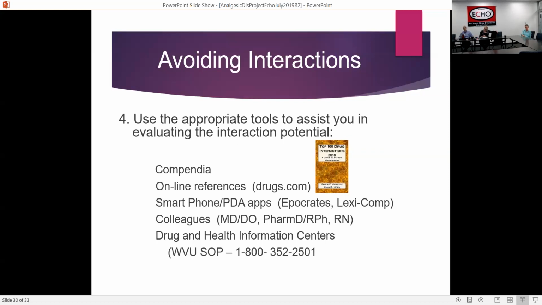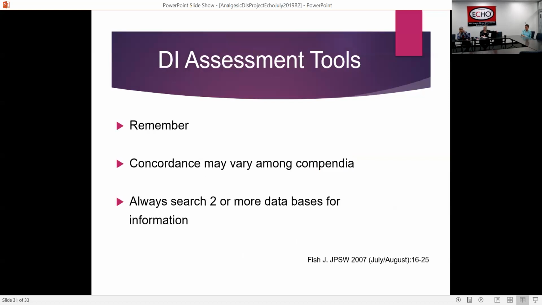Plus, I'll put a plug for the Drug and Health Information Center here, which is run by the School of Pharmacy, and there's an 800 number, 352-2501, that you could call if you have specific questions.